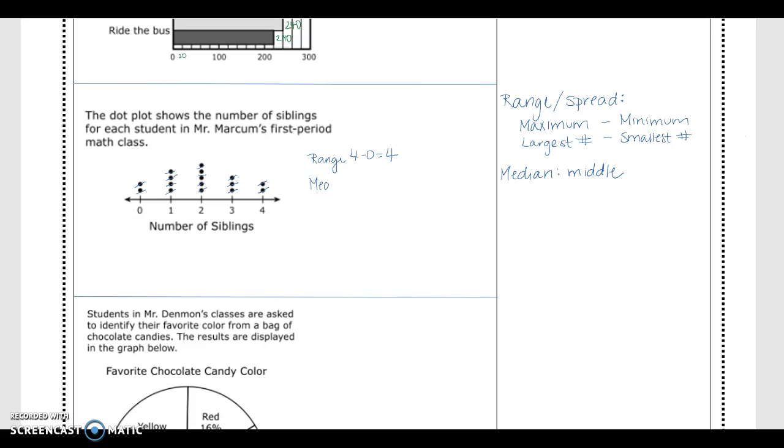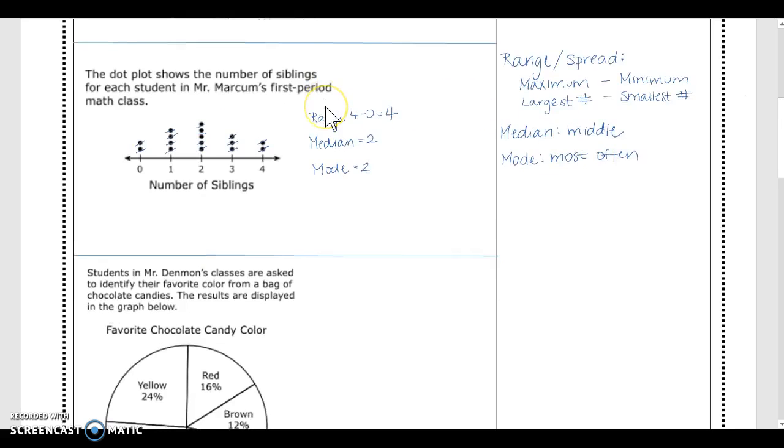So on this one, our median is 2, okay? And then the other one for dot plots is mode. Mode is the one that occurs most often, so the one with the most dots. So mode here is going to be 2, okay?